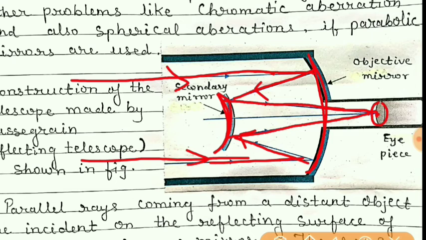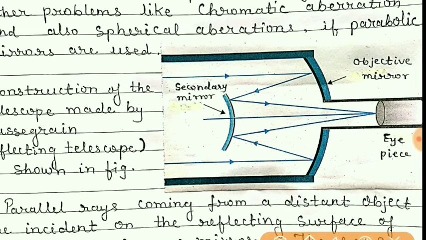And so students, as the eyepiece is at this place, here in this objective mirror, we have to put a little hole so that light rays can be focused to this eyepiece. So there should be some aperture kept on this objective at the center.